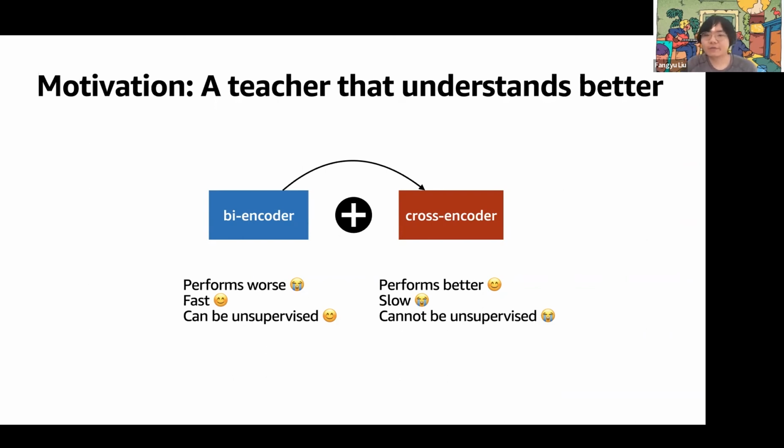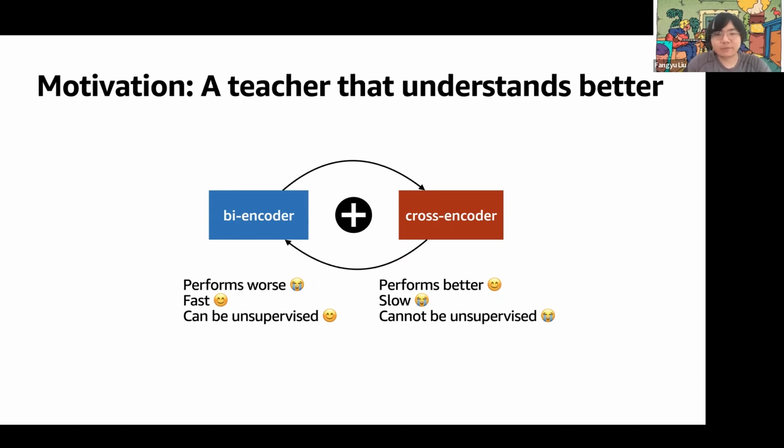And the learned cross-encoder would actually outperform the bi-encoder. After getting a better cross-encoder, we will use the cross-encoder to further label training data to distill the knowledge back to the bi-encoder. So after completing this loop, the bi-encoder would actually surpass its previous iteration's performance, and we have formed a cycle of knowledge distillation.